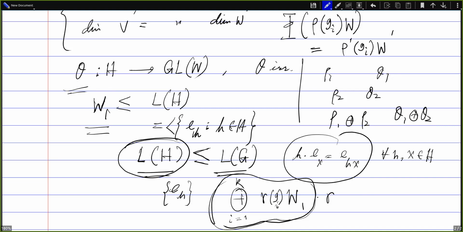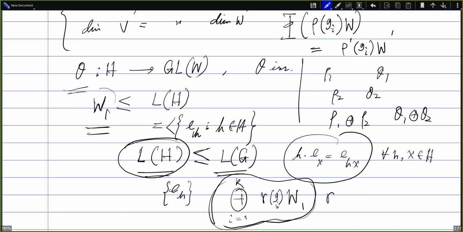So therefore the subrepresentation of the left regular representation of G on this subspace becomes induced by the subrepresentation on W1. That is exactly what we need to show, because the subrepresentation on W1 is isomorphic to theta, and this subrepresentation induces this representation.